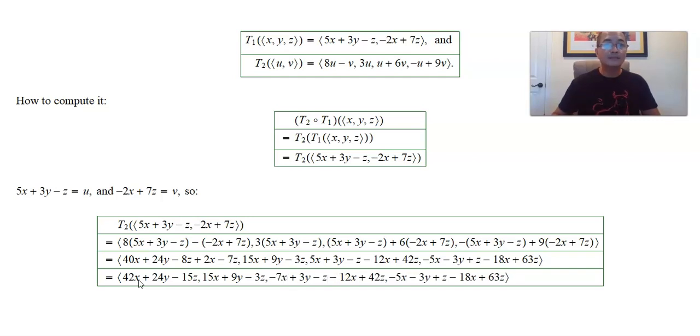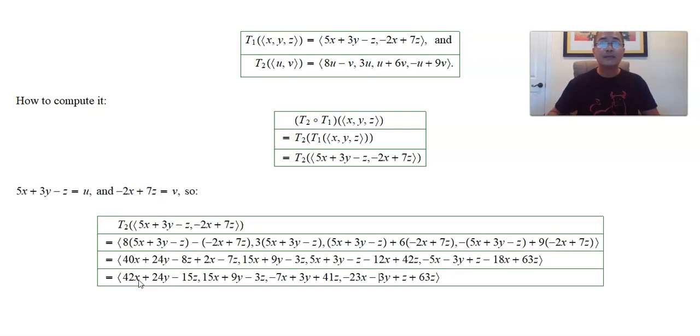Okay, erase this. 3y by itself, yes. And then minus z plus 42z. That is 41z. Last term, minus 5x minus 18x, minus 23x. Goodbye.